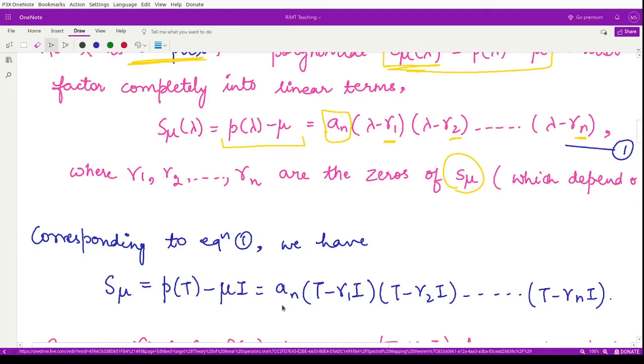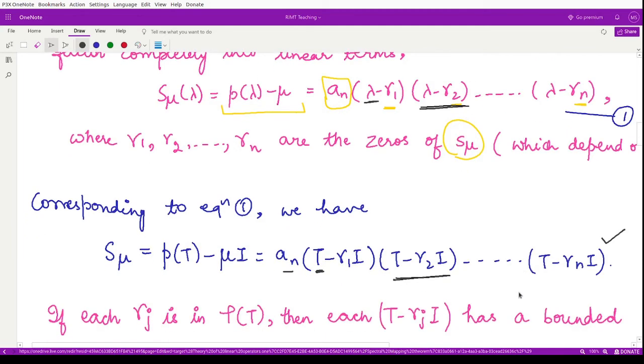So in this polynomial you just have to replace these lambdas with the corresponding operator t, so that you would have an as such. Then instead of lambda minus gamma 1, you have t minus gamma 1 I, right? Instead of this factor lambda minus gamma 2, you now have t minus gamma 2 into I, and moving like this, you have a polynomial in the operator t.